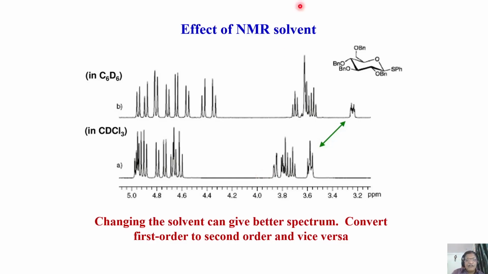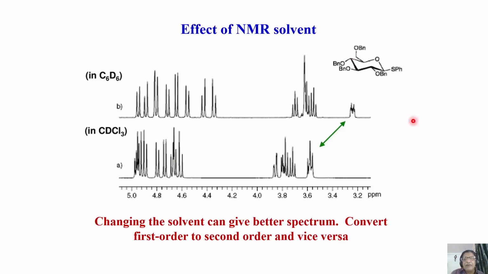When you change the solvent, sometimes you can see the spectrum gets better and better in some sort, but not always. Don't think that you keep on changing the solvent to take the NMR spectrum to get a better quality spectrum. No, only in some examples I'm giving you. It can sometimes happen, but by and large, it won't change so drastically.